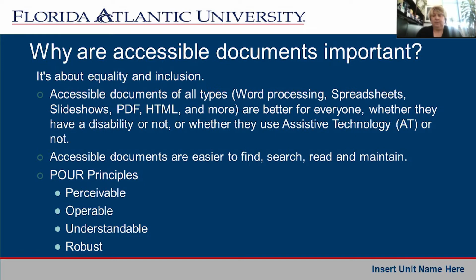Those 4 principles, they call it POUR. It's perceivable, operable, understandable, and robust. So we're just trying to make sure that those key principles are being applied when we're uploading information onto the internet or in documents that we're sharing with individuals in your classes.